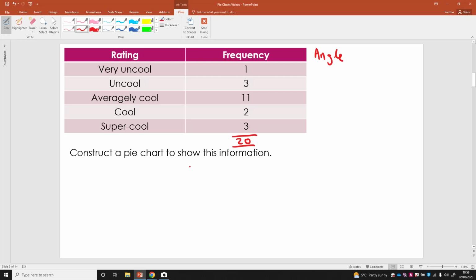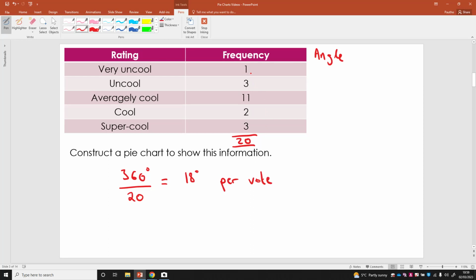A pie chart is a circle, and in an entire circle there are 360 degrees. You need to split this fairly between the 20 people, because every person's vote needs to count for the same amount of the circle. So you just divide: 360 divided by 20 gives you 18 degrees. Every vote is worth 18 degrees in this pie chart.